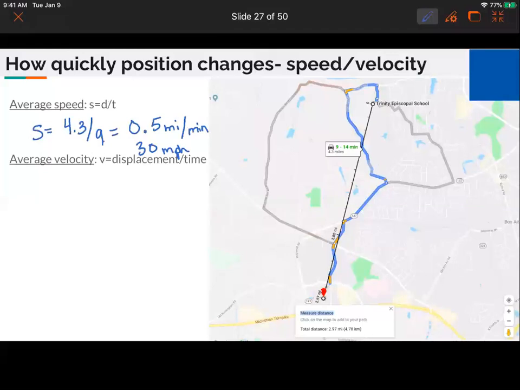Now, the average velocity is displacement divided by time. So the displacement in a straight line is shown here on the picture, 2.97 divided by 9 minutes.